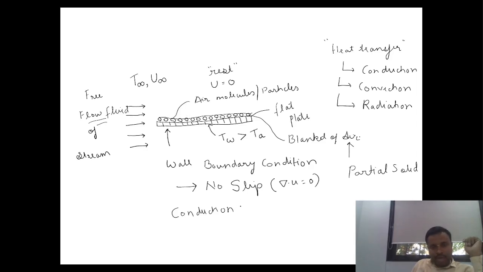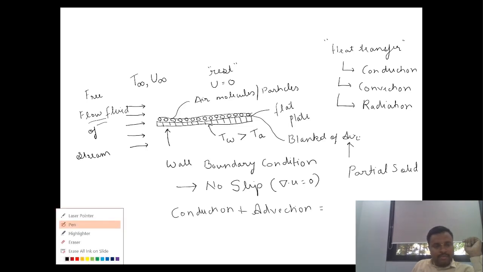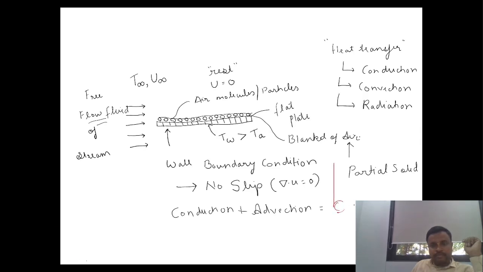Here the heat transfer is called advection. So one is conduction and another one is advection. The addition of this conduction heat transfer and advection heat transfer, we call it convection.